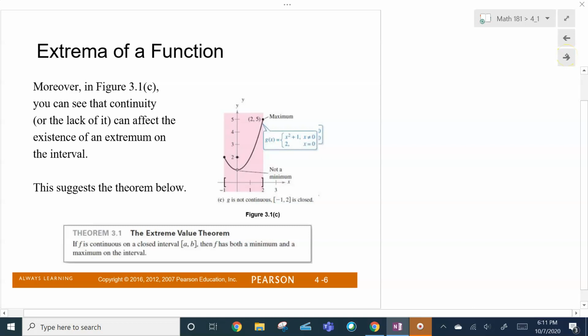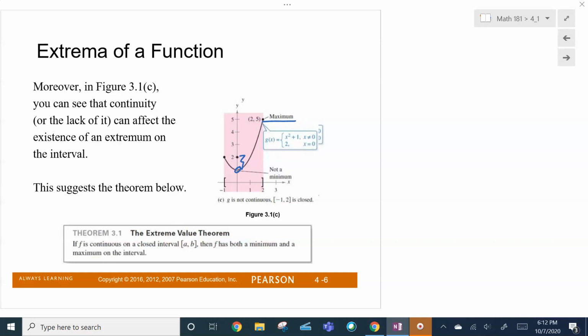Here's another one. This is not continuous, and we've got a jump there. So there's no lowest point because it's not defined right there. We do have a maximum up there on this closed interval.